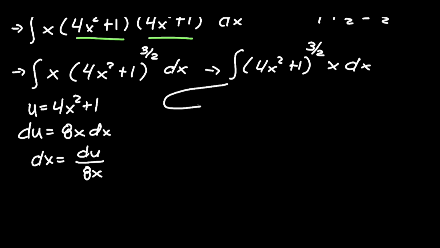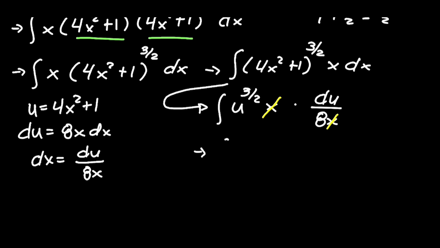So, rewriting this, you will get the integral of u raised to the power of 3/2 multiplied by x. dx now here would be du over 8x. The x will cancel each other out. So you are left with the integral of u raised to the power of 3/2 multiplied by du over 8.